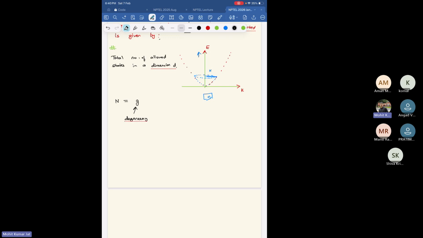Generally, G is equal to 2 for normal metals, and G is equal to 4 for systems like graphene.